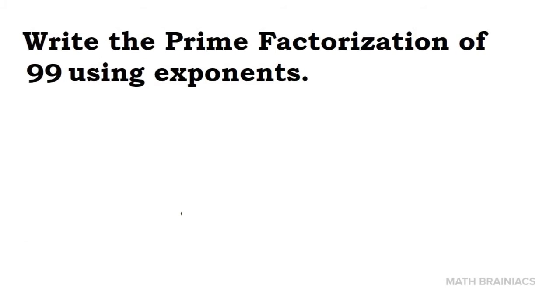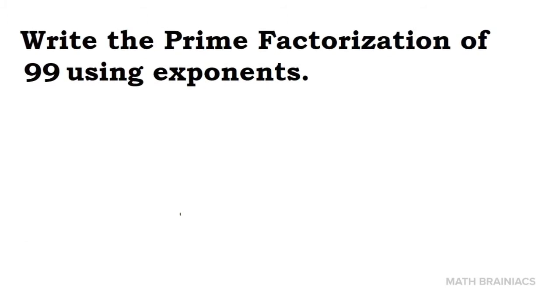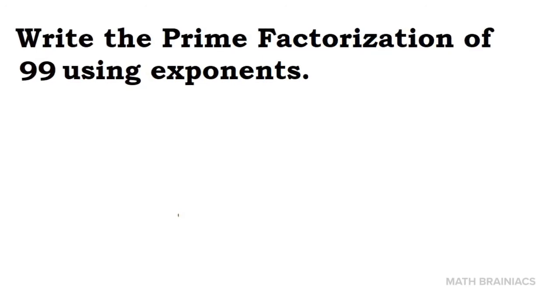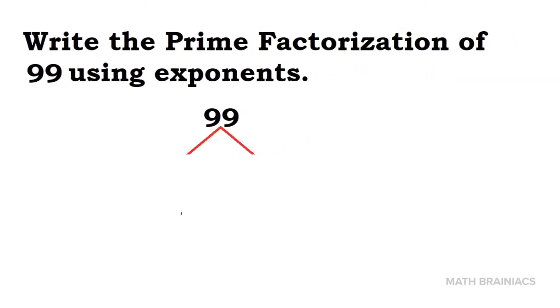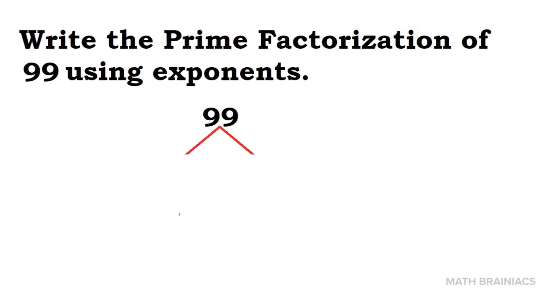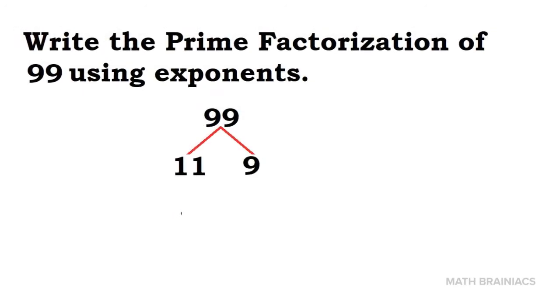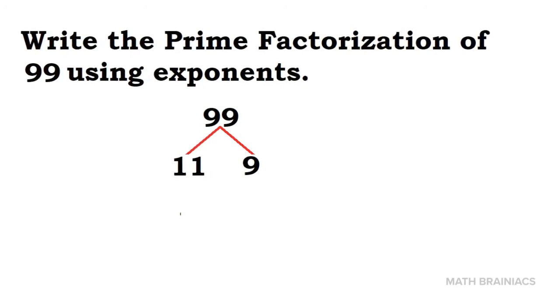Let us work on another example so that you can easily follow. Write the prime factorization of 99 using exponents. Let us write the number to be factored first. Afterwards, let us look for the factors of 99.